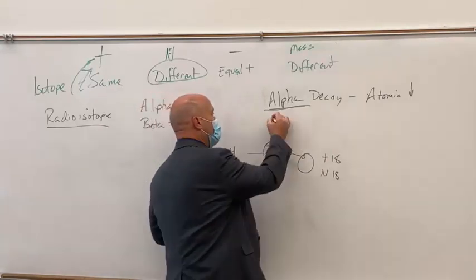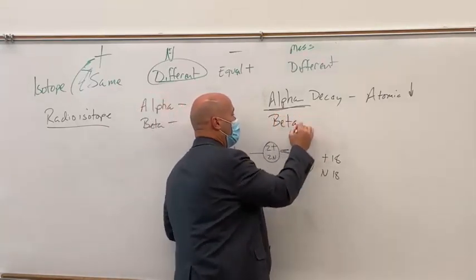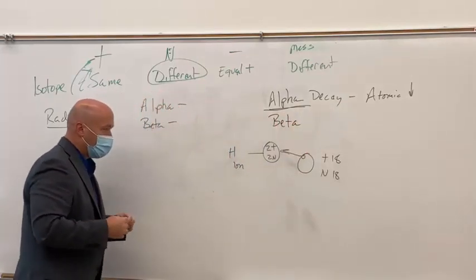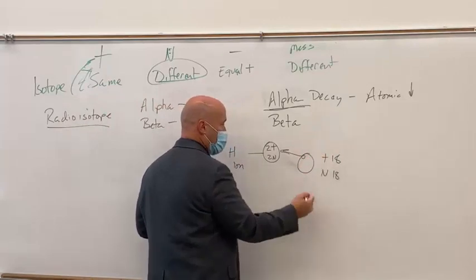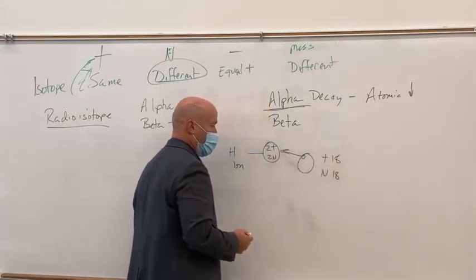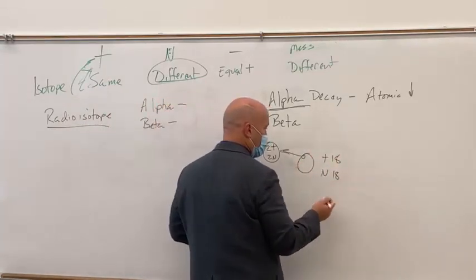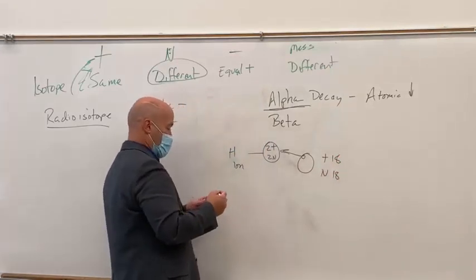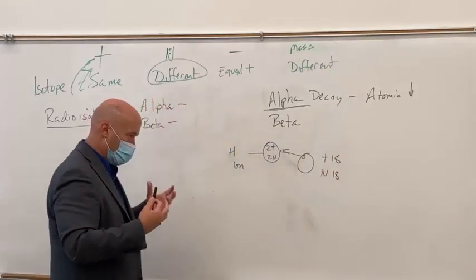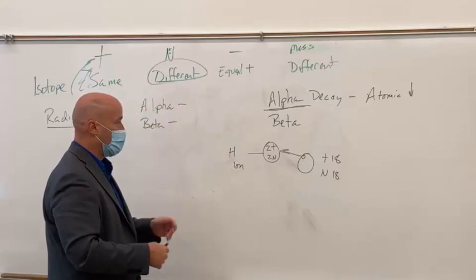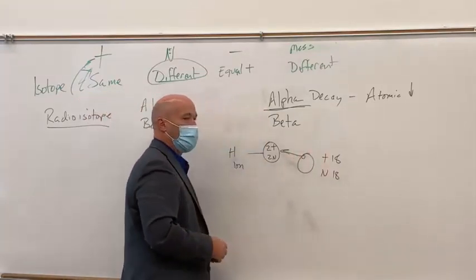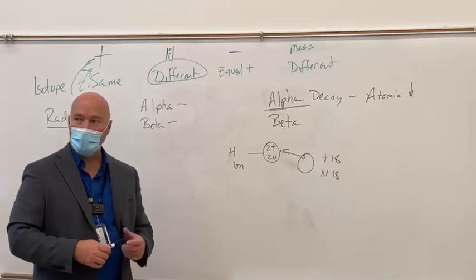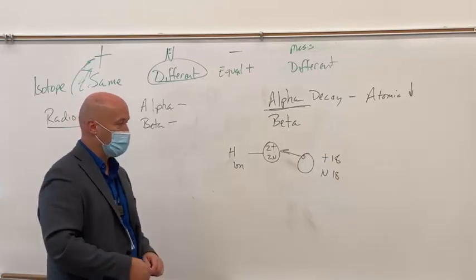The other is beta emission. And a beta emission is also totally different. So we've got the same thing, 18 positive and 18 neutral subatomic particles in the nucleus. Let's say it's still unstable, and it doesn't want to undergo another alpha emission.